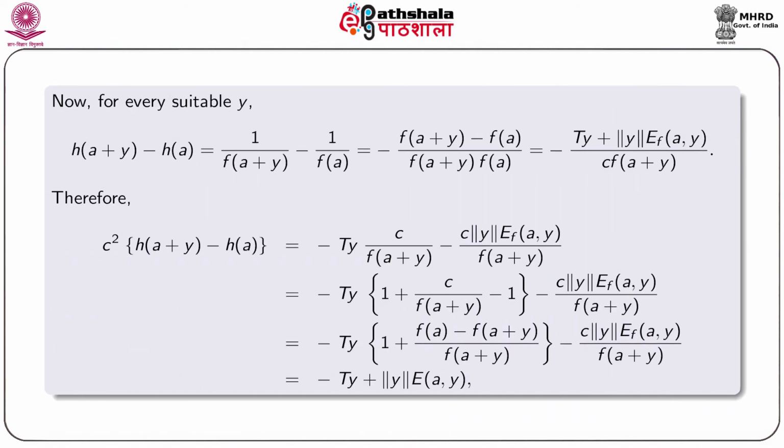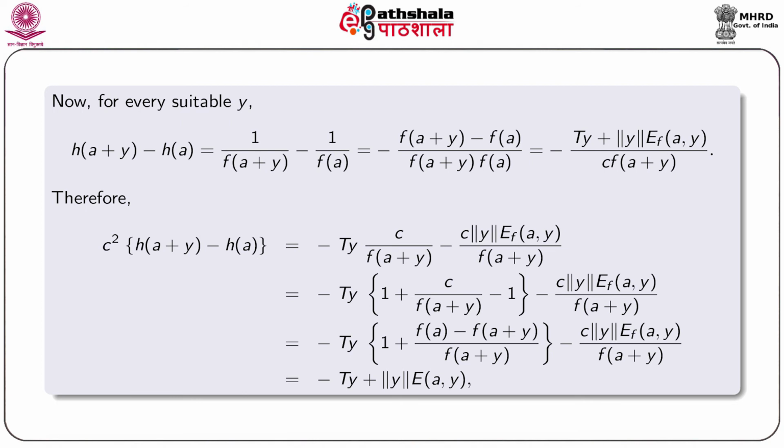Here we have for every suitable y, h(a+y) minus h(a) equal to 1 upon f(a+y) minus 1 upon f(a). By simplification, it is nothing but the negative of the ratio in which the numerator is the increment of f and the denominator is f(a+y) multiplied by f(a).